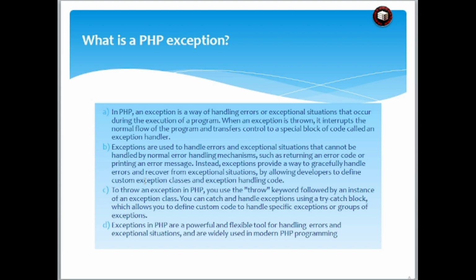To throw an exception in PHP, you use the throw keyword followed by an instance of an exception class. You can catch and handle exceptions using a try catch block, which allows you to define custom code to handle a specific exception or group of exceptions.